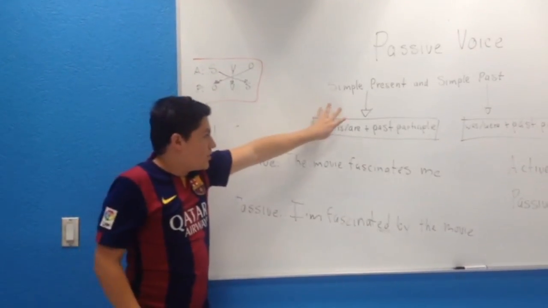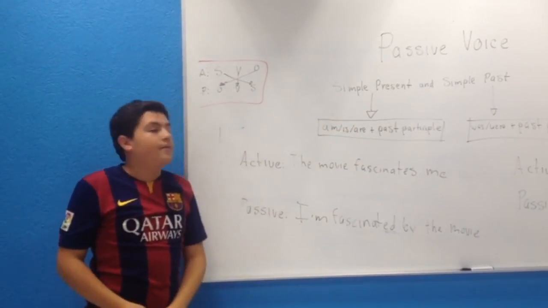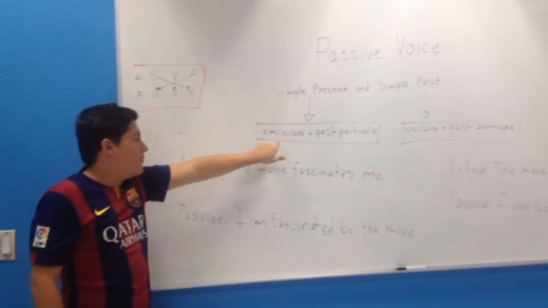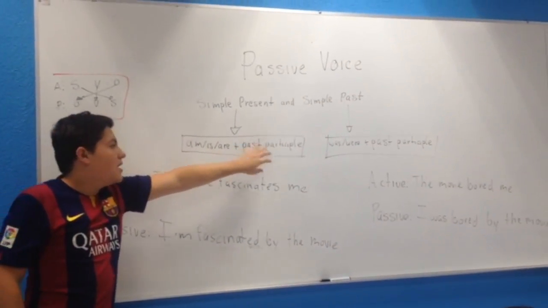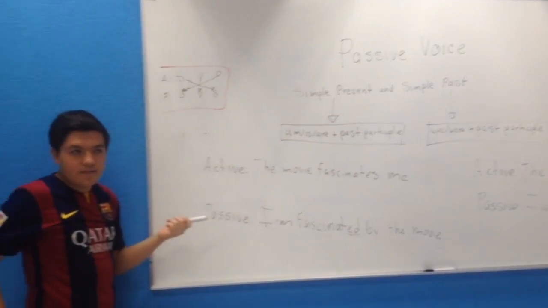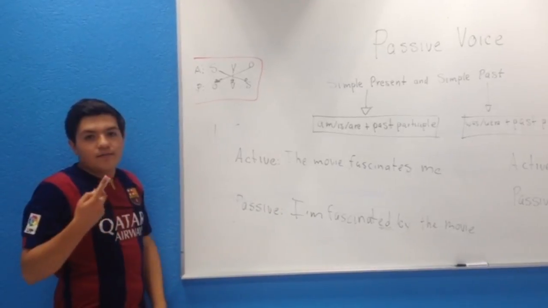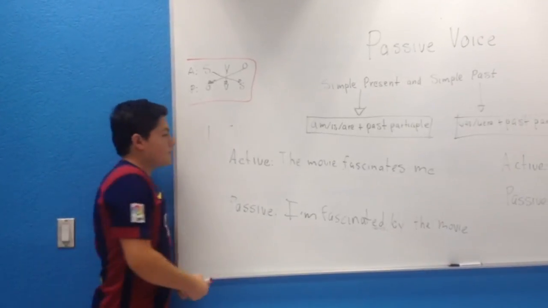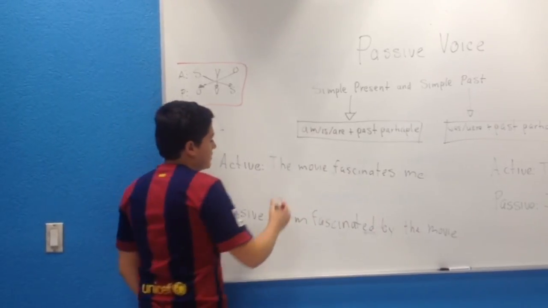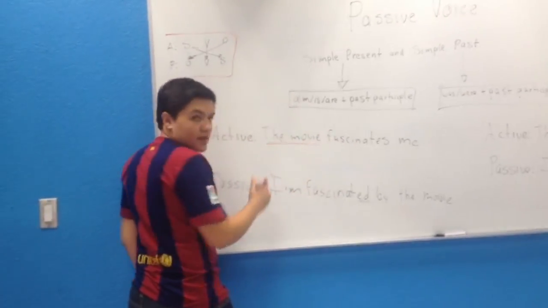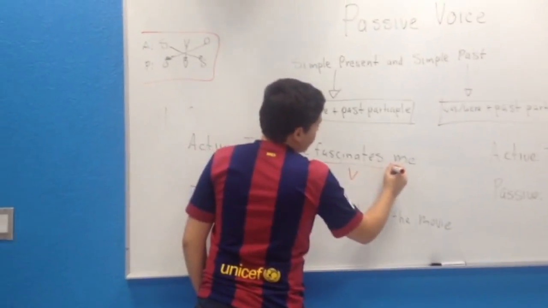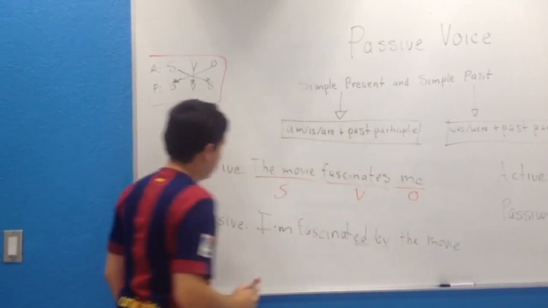Here is the structure for passive voice with simple present: am, is, are, plus past participle. Here is an example in active, simple present: The movie fascinates me. The movie is the subject, fascinates is the verb, me is the object.